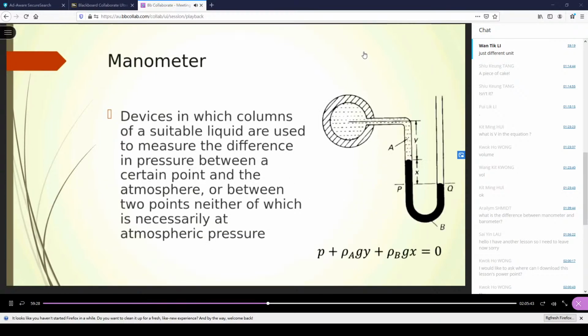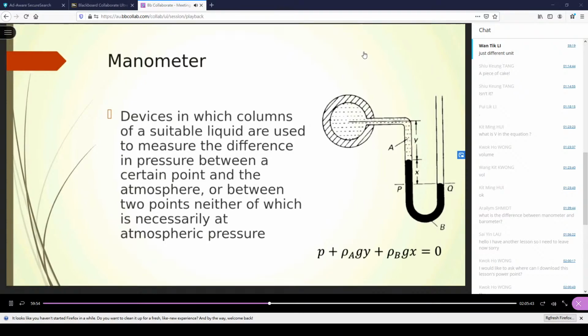Now we talk about some simple applications of hydrostatic equation. The first application of hydrostatic equation, of course, is to find out the pressure at a depth h under the water surface.